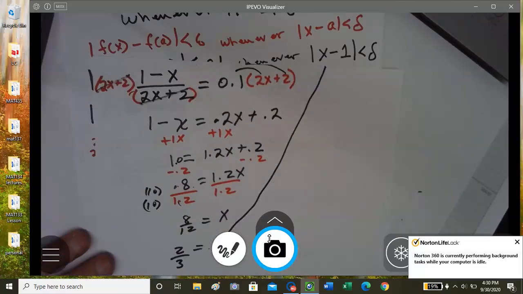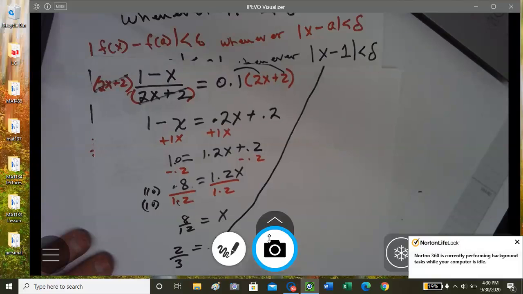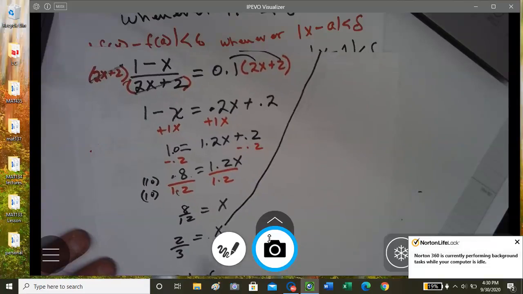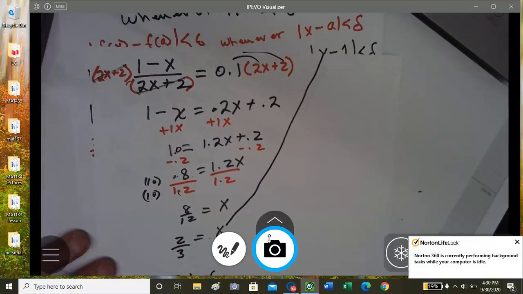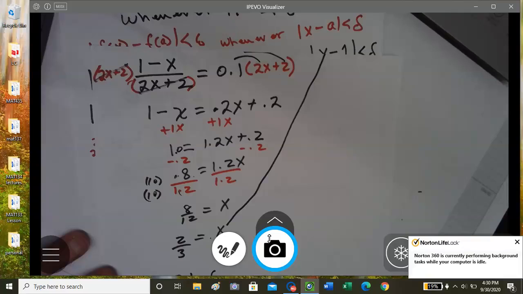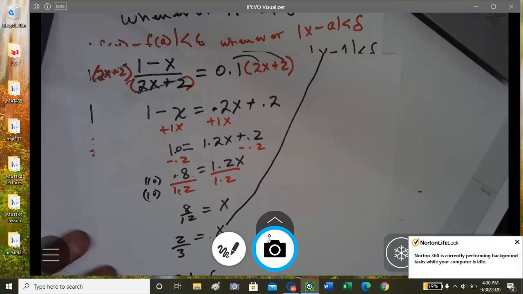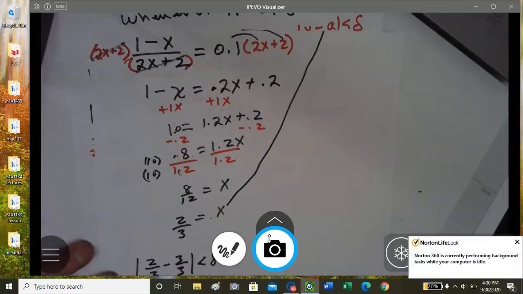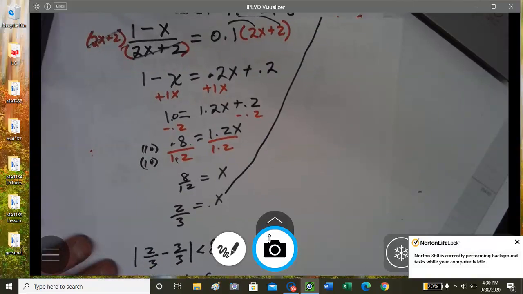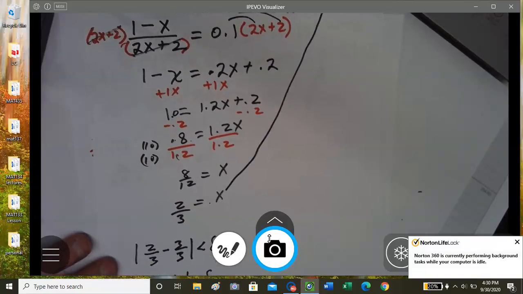Since we're going to get an absolute value, we know that we're going to get something less than delta. So 2 minus 3, that'll be the absolute value of a negative 1/3. And so the absolute value of 1/3 is 1/3. So we're saying delta is equal to 1/3.